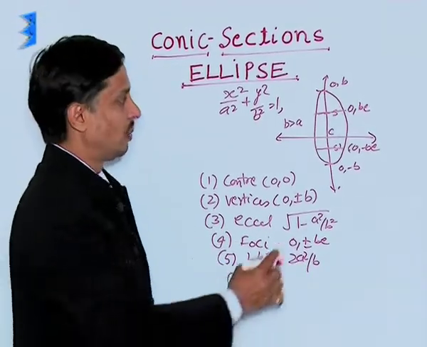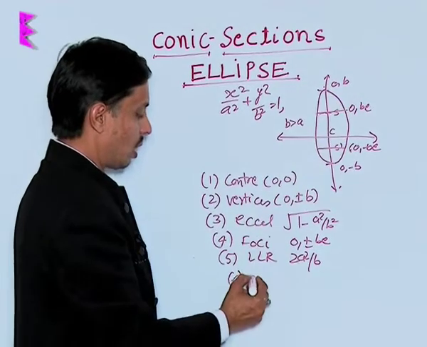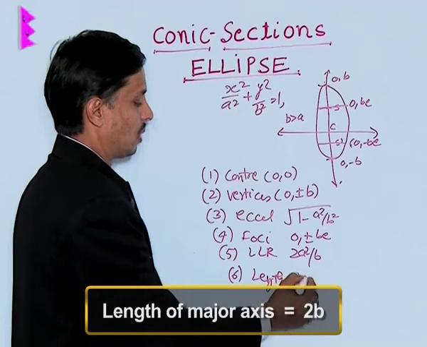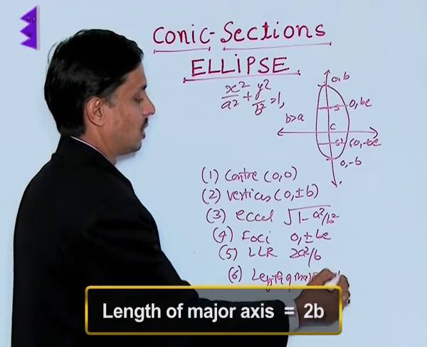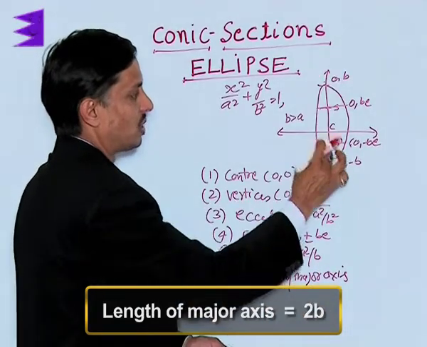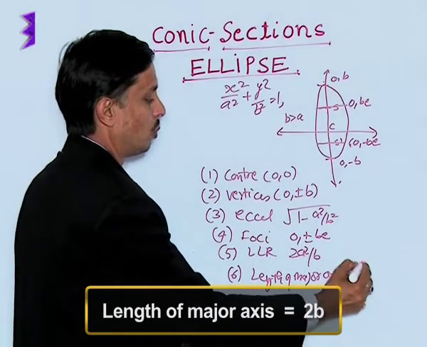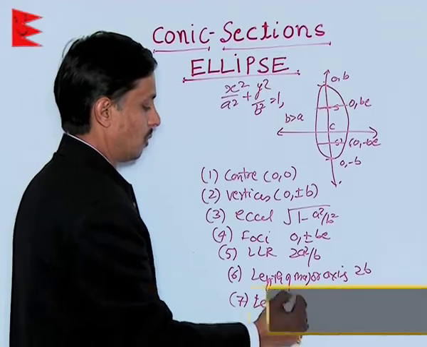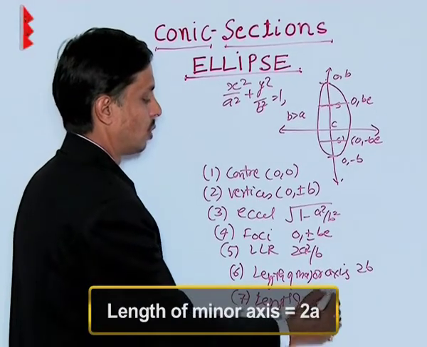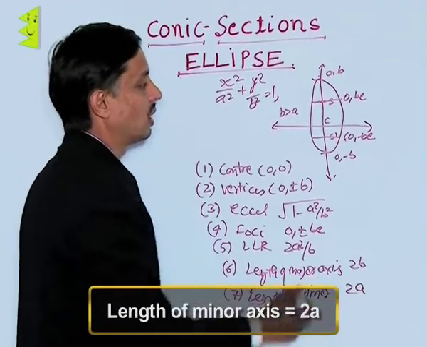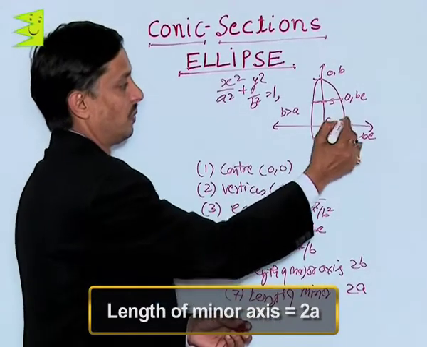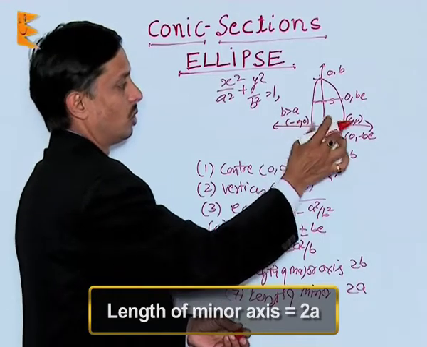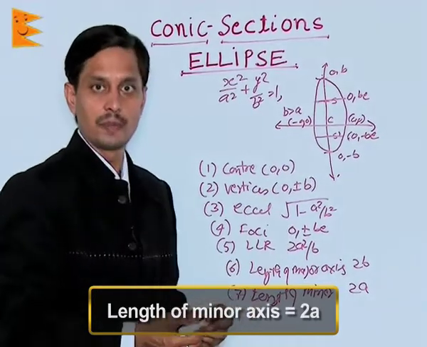Now the next information, the length of major axis and minor axis. Here the y-axis portion is major, so the length is 2b, and the length of minor axis, which is on the x-axis, is 2a. This portion has coordinates a comma 0 and minus a comma 0, so this is 2a.